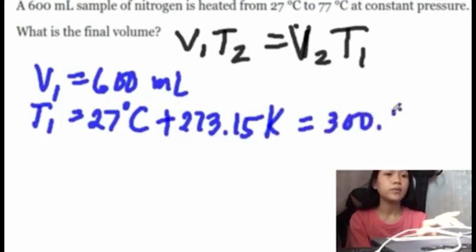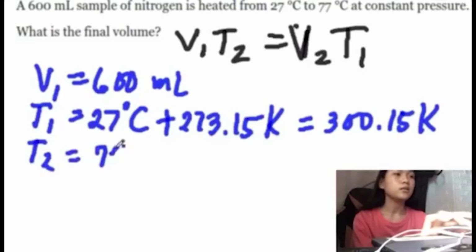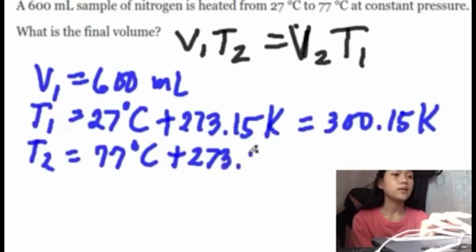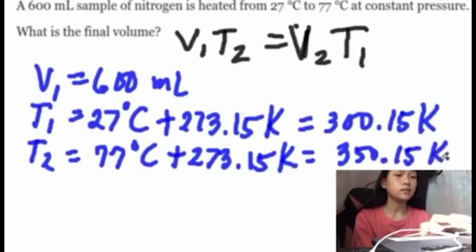This is the Kelvin temperature that we will be using. And 77 degrees is your T2. So for 77 degrees Celsius, we add 273.15 to get the Kelvin, which is 350.15 Kelvin.